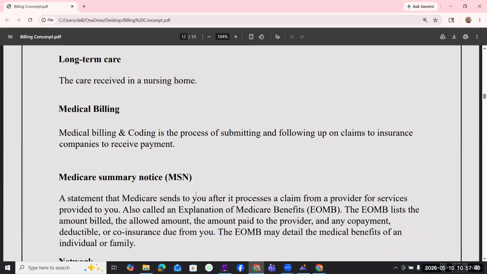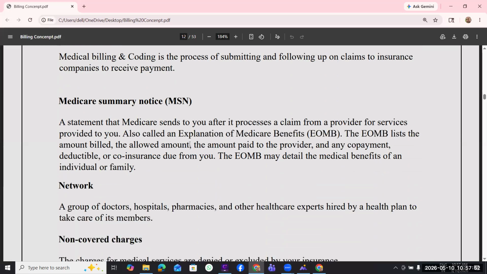Medical billing: medical billing and coding is the process of submitting and following up on claims to insurance companies to receive payment or reimbursement. Medicare Summary Notice, MSN: a statement that Medicare sends to you after it processes a claim from the provider for the service provided to you, also called the Explanation of Medicare Benefits, EOMB.